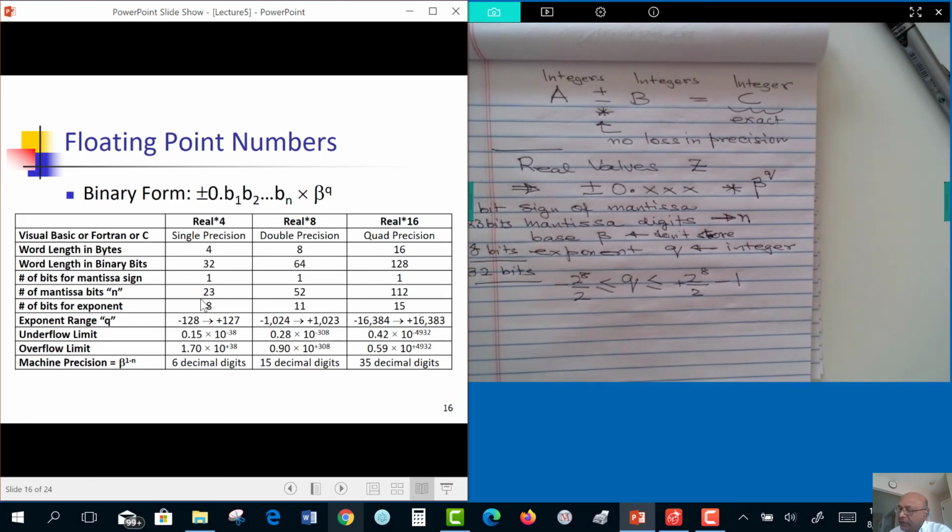So it turns out this is minus 128. This is plus 127. So we get an exponent range from minus 128 to plus 127. So this is our Q min and this is our Q max.